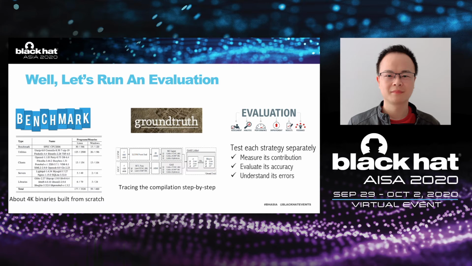Finally, different from existing evaluations that measure a disassembler as a whole, we take a more thorough approach. We separately tested each strategy. Specifically, for each strategy, we wanted to measure how much contribution it brings and what level of accuracy it can achieve, and most importantly, we wanted to understand what errors the strategy will introduce.